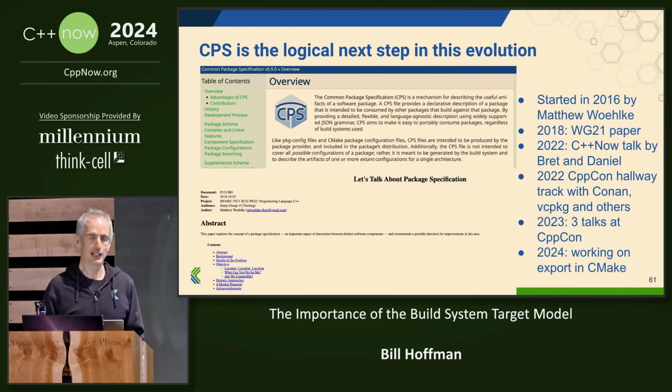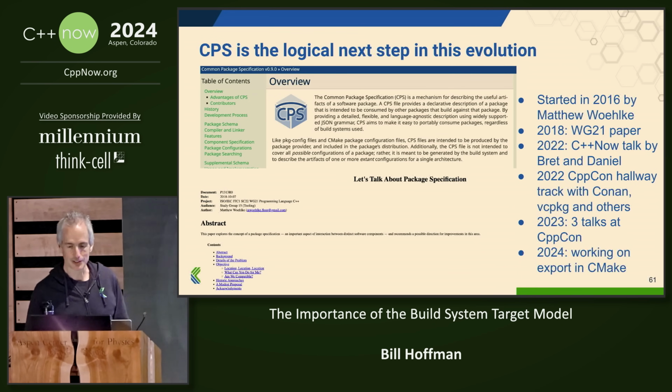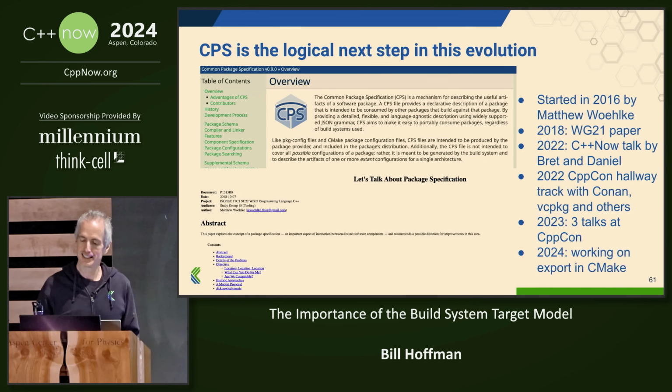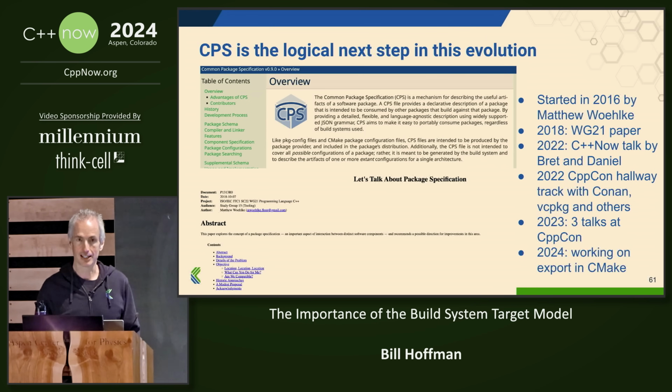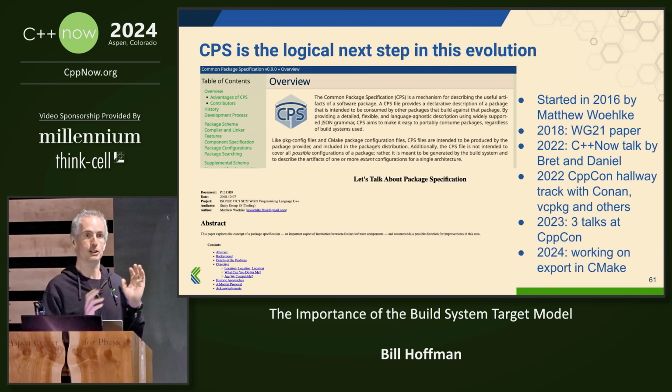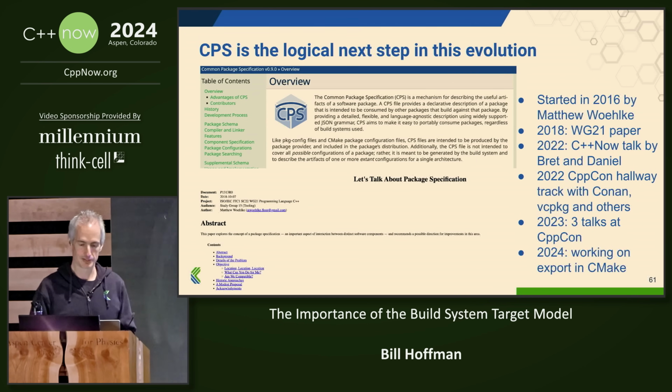Also in 2022 at CppCon, a group of interested folks got together, I guess a hallway track, Conan, vcpkg, and others talking about this. This past year at CppCon, there were actually three talks about this, and in 2024, we are hard at work getting CMake to export CPS files.